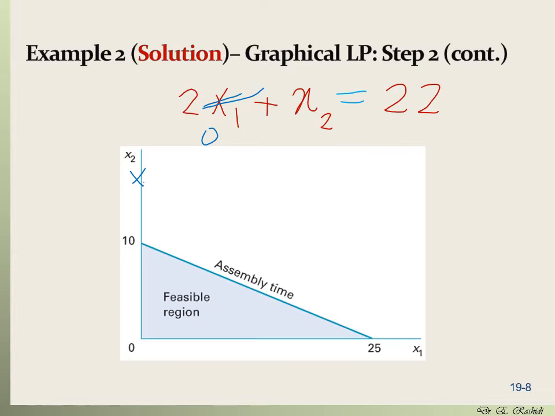And next I'm going to do the same for x2. x2 equal to 0. This means 2x1 equals 22. That means x1 is equal to 11. So x1 equal to 11 and x2 equal to 0.